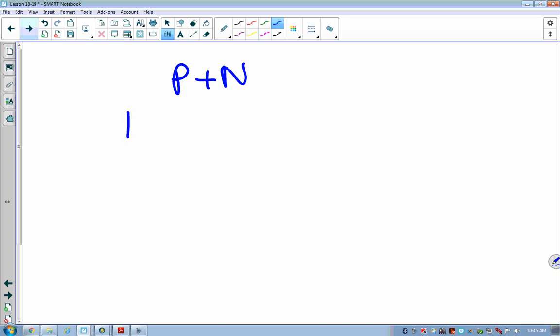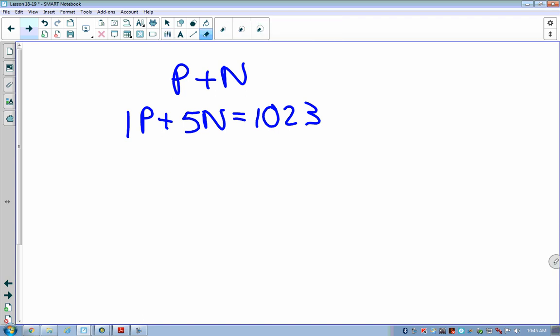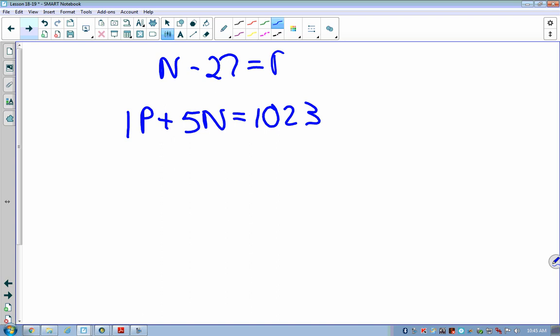So a penny's worth 1. 1p plus 5n is going to equal 10.23. Okay, I take the decimals out so I don't have to mess with it. If there were 27 more nickels than pennies, 27 more nickels, so that would be nickels minus 27 is going to equal pennies, right?